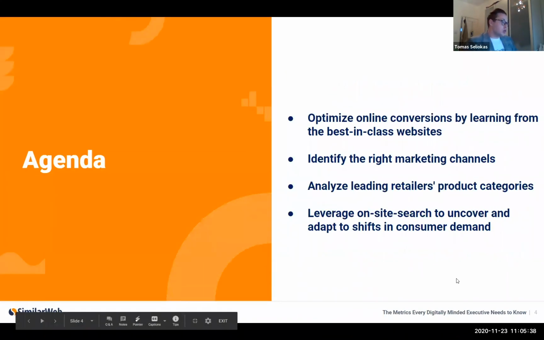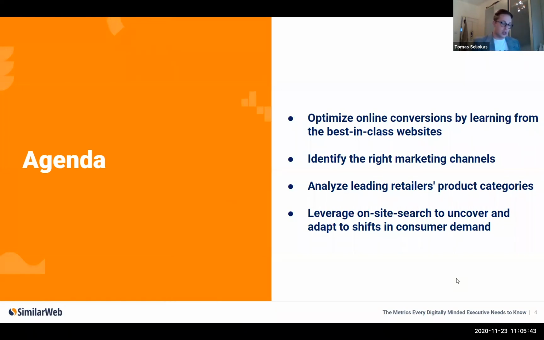Let's now focus on what we're going to talk about today, because today is a bit specific. We're not going to talk about the overall digital performance of a category. We're going to look at a category, but at conversion-specific data. We'll look at sales for those websites. First, we're going to start by understanding how to optimize online conversions by learning from the best-in-class websites.